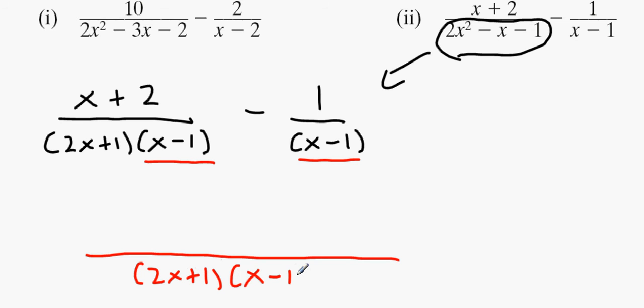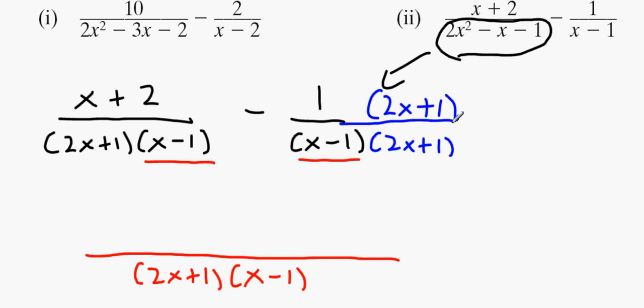Now let's fix this one over here. If we extend this on, we could say that's 2x plus 1 divided by 2x plus 1, because the two of them can cancel each other. So what we're going to get is x plus 2 minus 1 times 2x plus 1. Let's multiply this out, and when you multiply this out, you're going to get minus 2x minus 1.